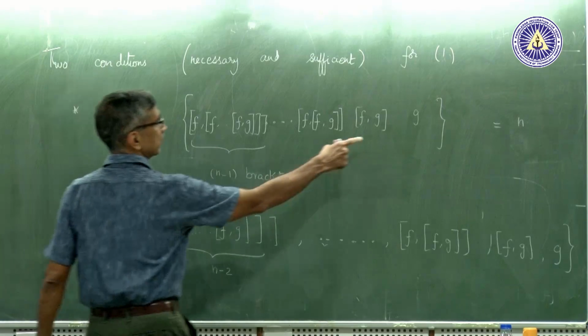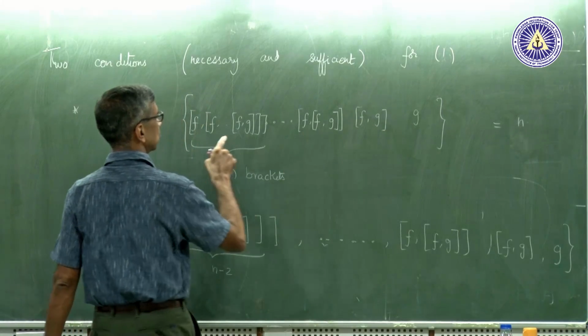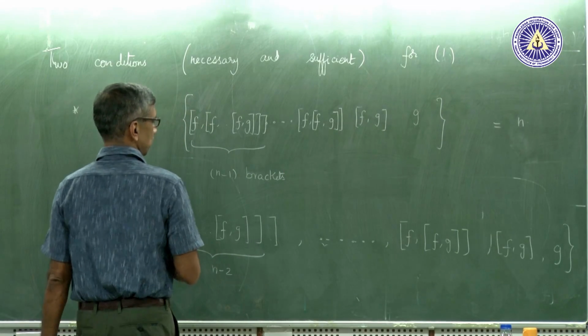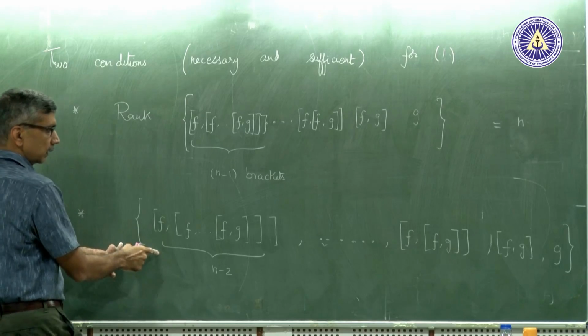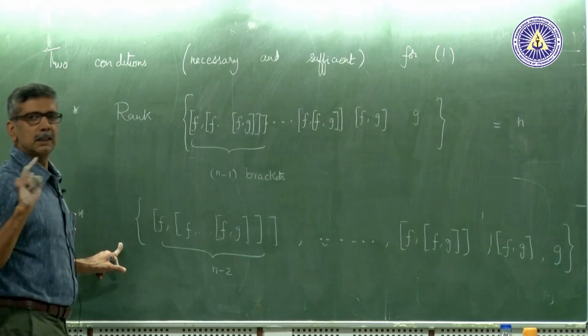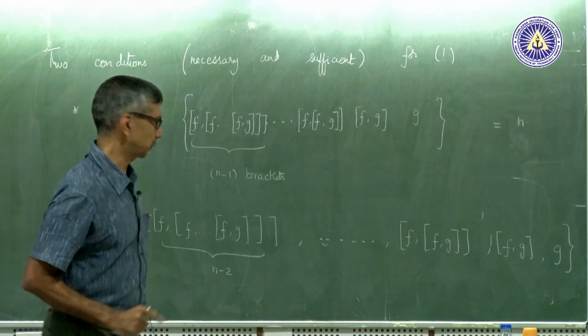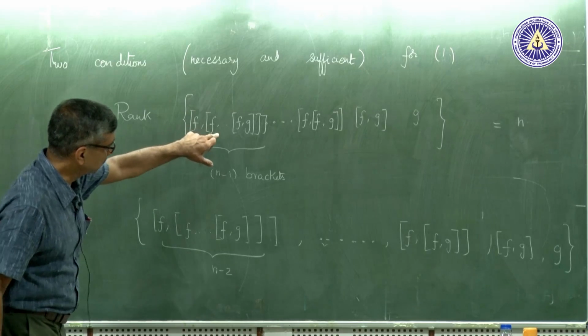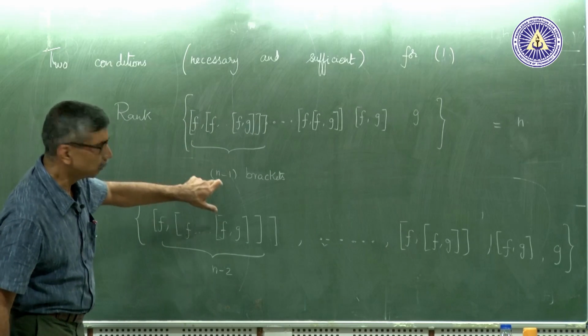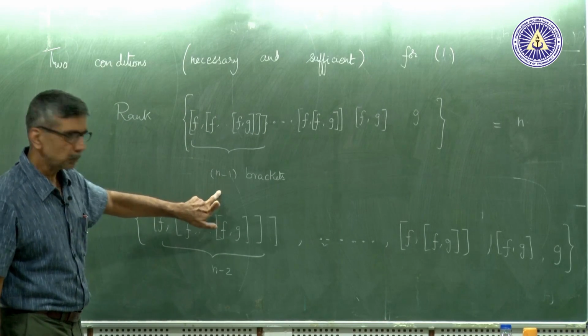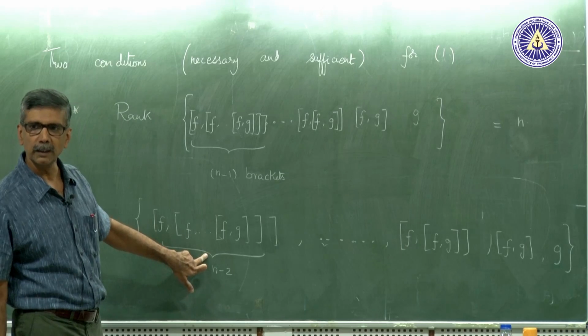There are n vector fields, right? 1, 2, 3, 4 to n, right? The word distribution I have not explained, I will explain. The difference between this set and this is I have removed one. This is n minus 1, this is n minus 2.